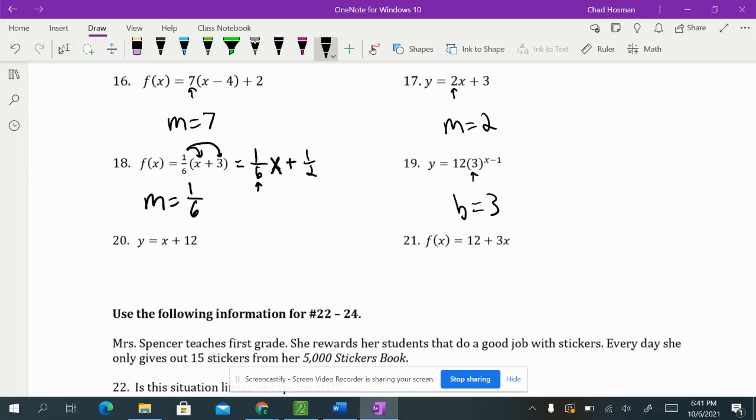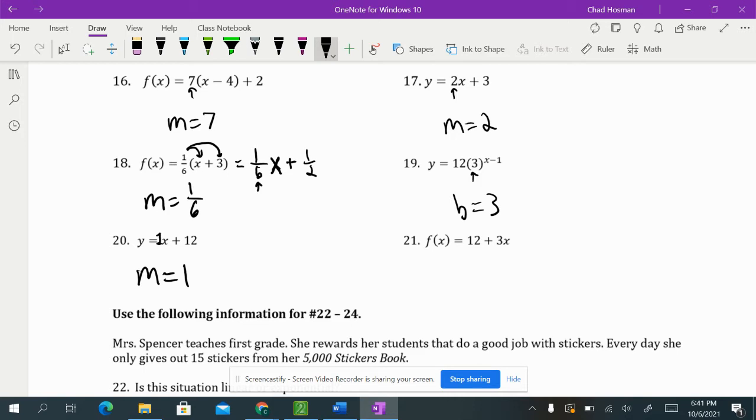The only problem is that there's nothing in front of the x. There's nothing attached to the x, which really means that there's a 1 attached to the x. We can always assume that something's being multiplied by 1. So the slope is equal to 1.